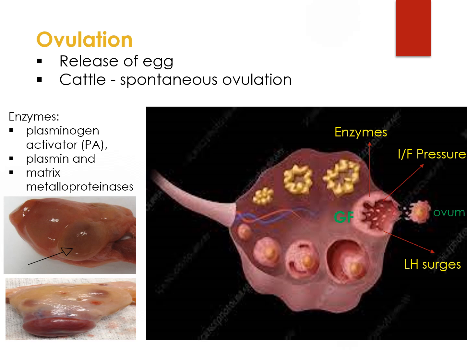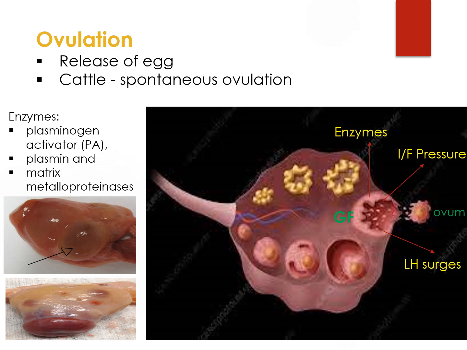The second factor is the intrafollicular pressure, which develops due to the continuous production of estrogen hormone by the theca interna cells of the Graafian follicle. The third and the most important factor is the surge release of luteinizing hormone, which is approximately 22 nanogram per ml.